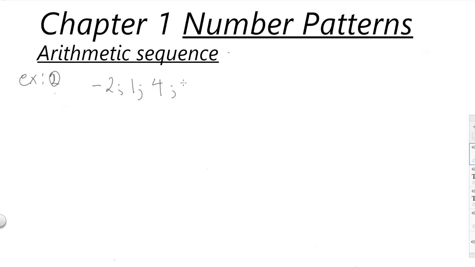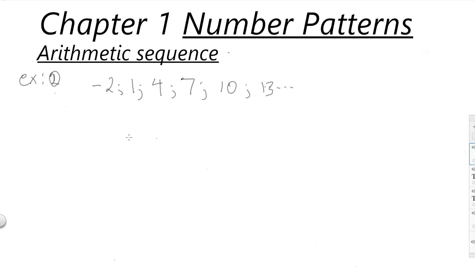So we have, for example, here 7, and then we have a 10. Then we have somewhere there 26. We have 13, 16, 19, 22, 25, 28, 31.